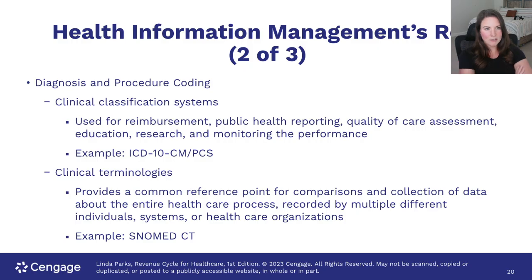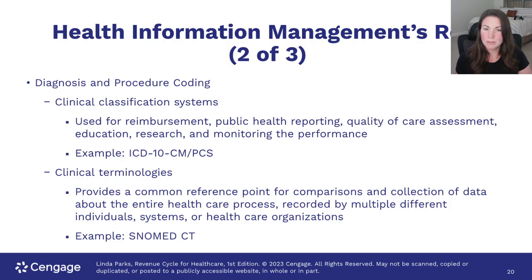Let's see. All right. So diagnosis and procedural coding. So this is where numeric and alphanumeric, so letters and numbers, codes are assigned to diseases, injuries, surgical procedures, and supplies that are used. So there's two different sets of coding schemes that are used. We have the clinical classification systems.